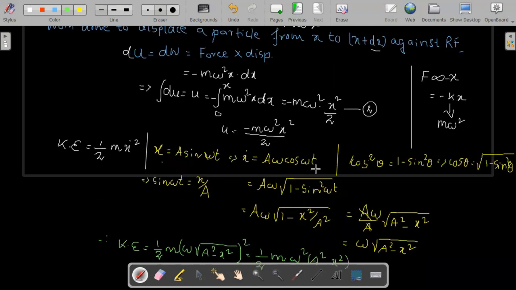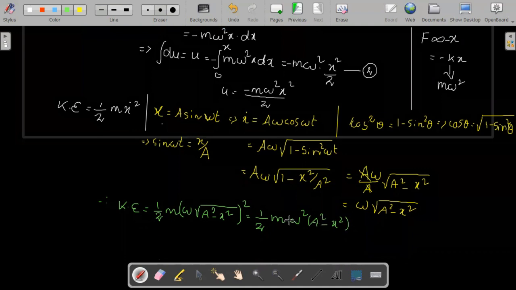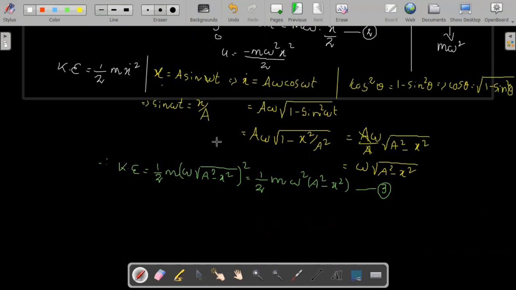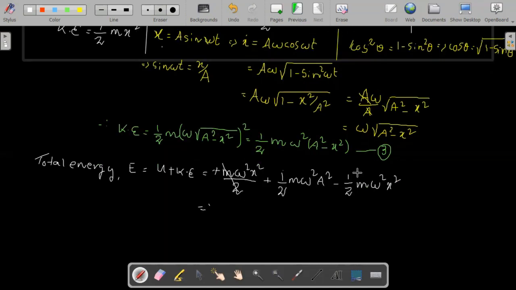Now, this is our potential energy, and this is our kinetic energy. If we want to find out the total energy, let's mark this as expression 3. Now we are going to check for the total energy. So, total energy, let's mark it as E, is equal to potential energy plus kinetic energy, which will cancel out in part.